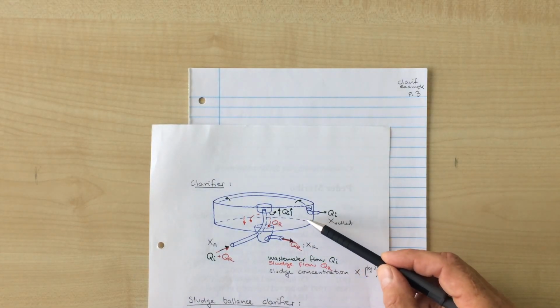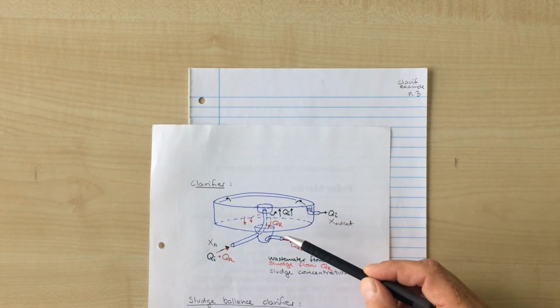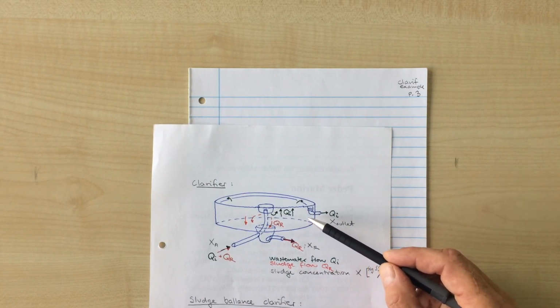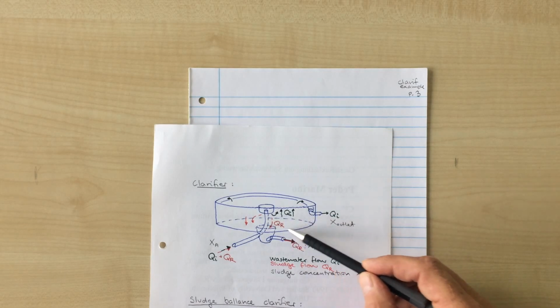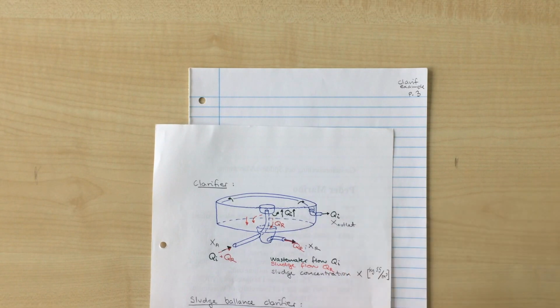Over my 50% of the volume I will have clear water, where I can allow sludge and water to separate and sludge to settle freely. So if I have 50% of the clarifier filled up with sludge, how much time will the sludge have to concentrate in this volume?